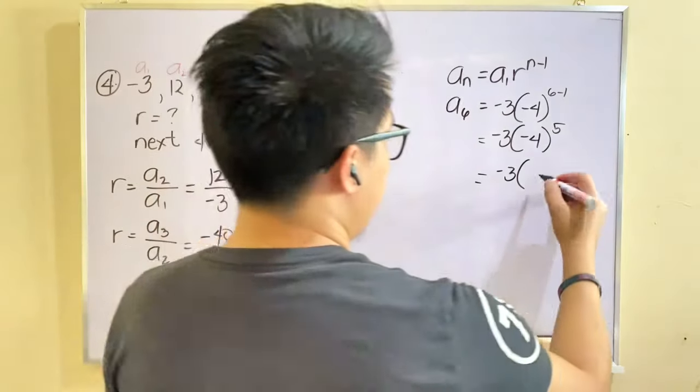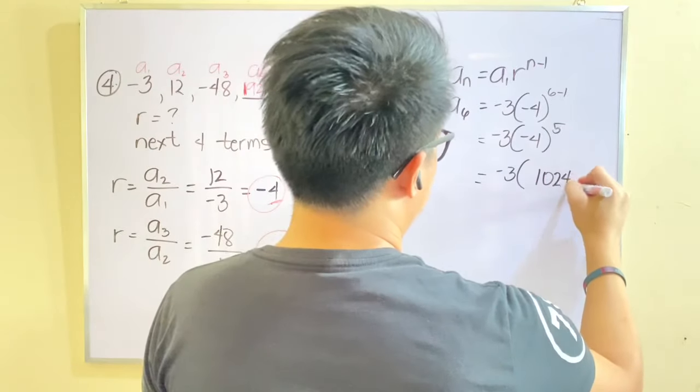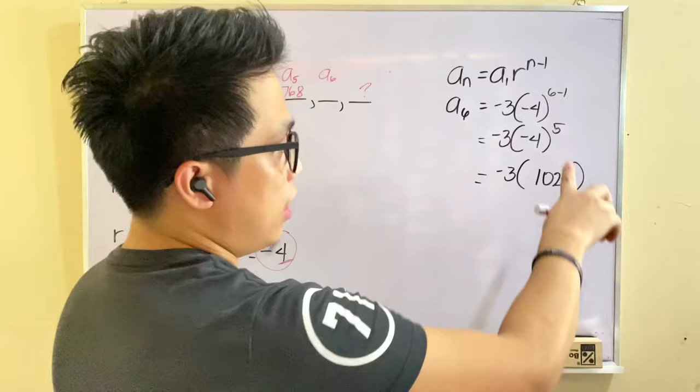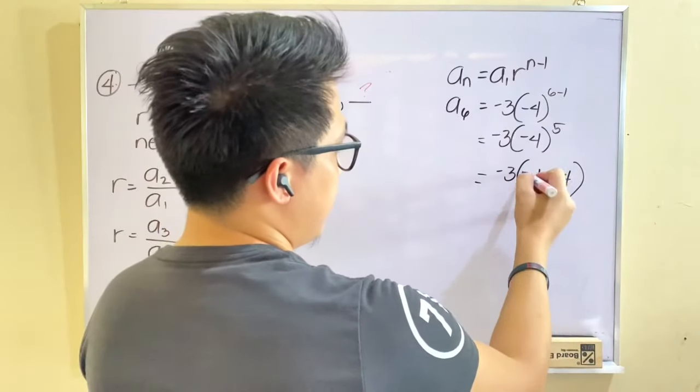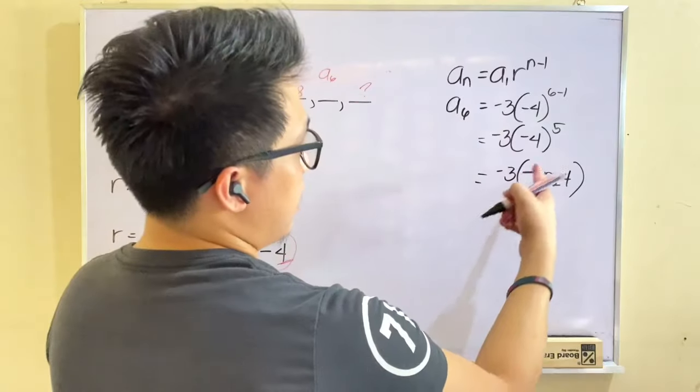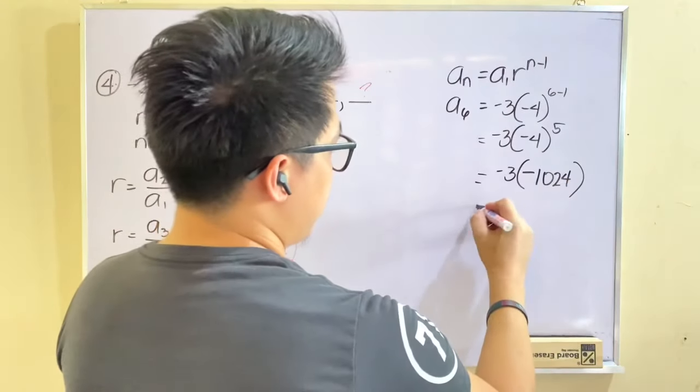Is 1024. Ano ang kanyang sign? Is it positive or negative? So dahil ito ay odd number, siya ay negative. And 3 times 1024 is ilan?